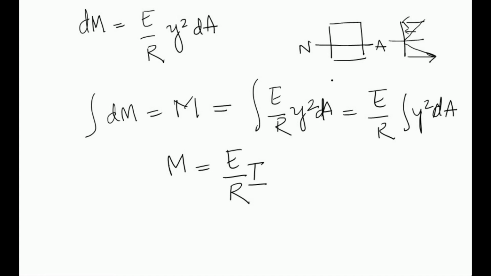So this force will be highest at the topmost layer and 0 at the neutral layer, because y is 0 at the neutral layer, and once again it is highest tensile at the bottommost, as you go towards the neutral axis.